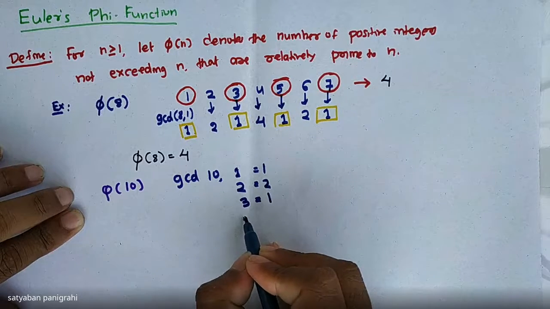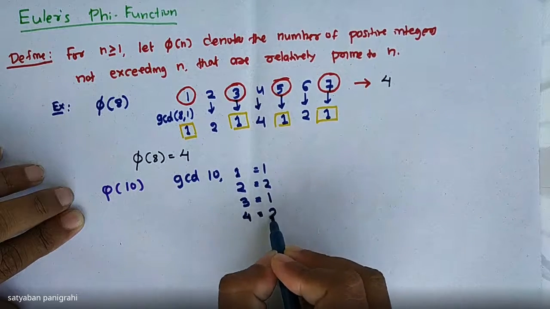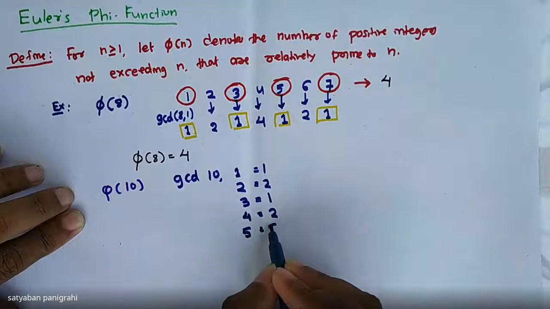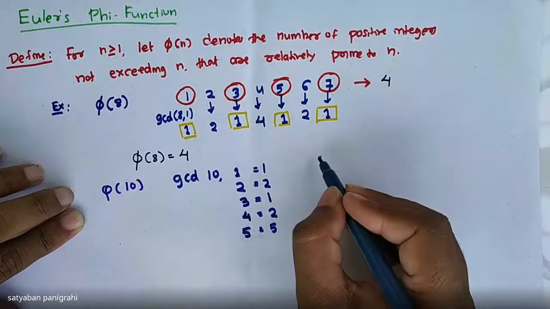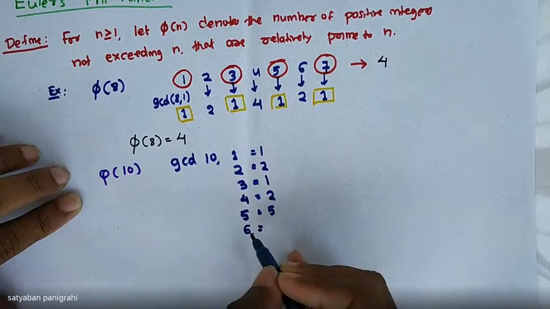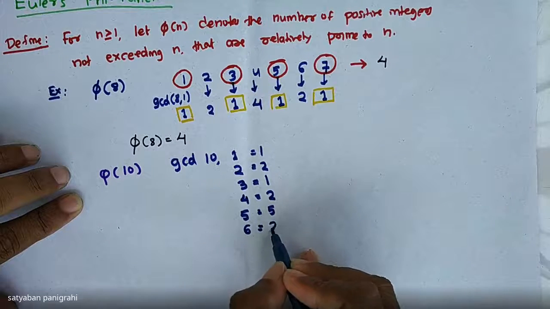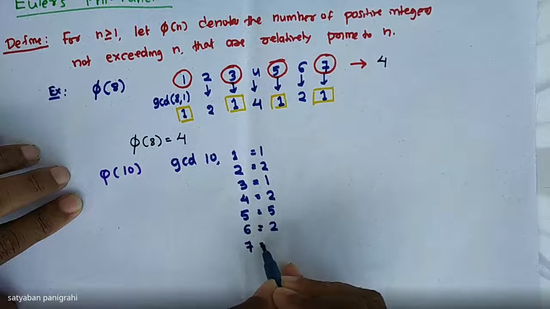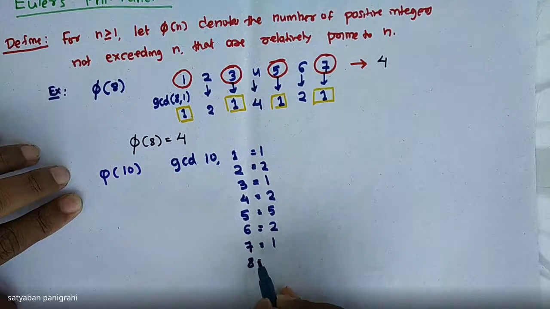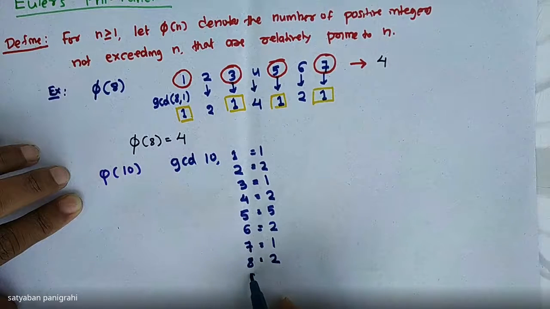GCD of 10 and 4 is 2. GCD of 10 and 5 is 5. Similarly, GCD of 10 and 6 is how much? 2. GCD of 10 and 7 is 1. GCD of 10 and 8 is 2. GCD of 10 and 9 is 1.